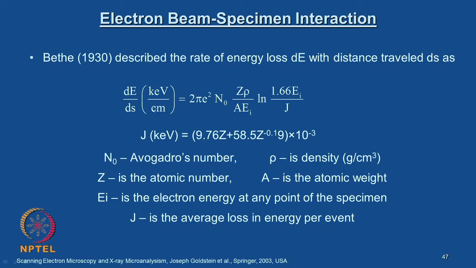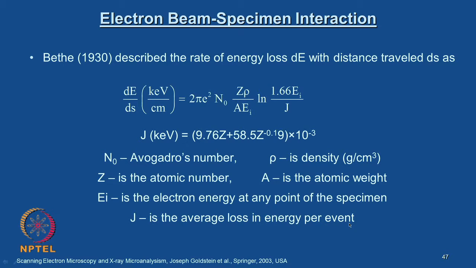The energy is given in kilo electron volt and the distance is in centimeter, which is equal to 2 pi e square n naught into Z rho divided by A E_I ln 1.66 E_I by J, where J is equal to 9.76 Z plus 58.5 Z to the power minus 0.19 into 10 to the power minus 3, where n naught is the Avogadro number, rho is the density, Z is the atomic number, A is the atomic weight, E_I is the electron energy at any point of the specimen, and J is the average loss in energy per event.